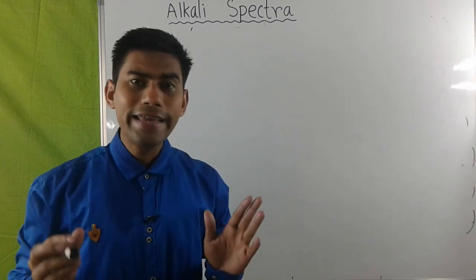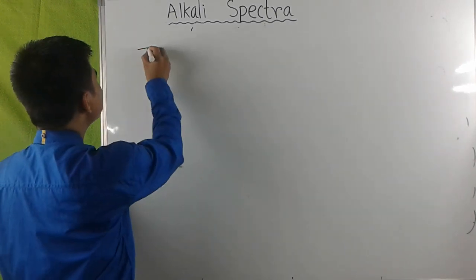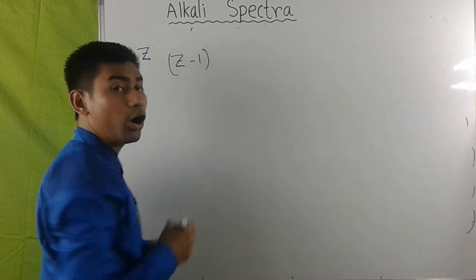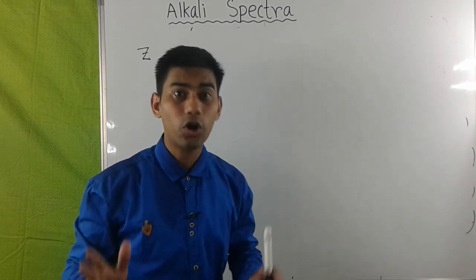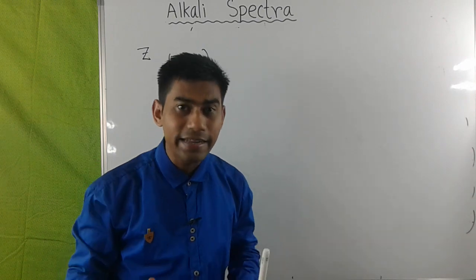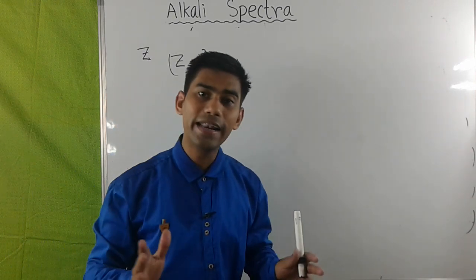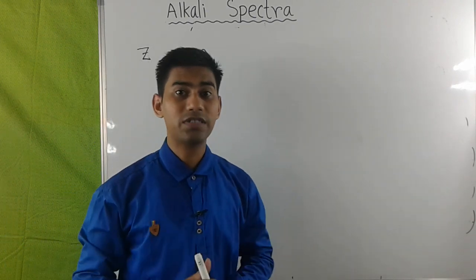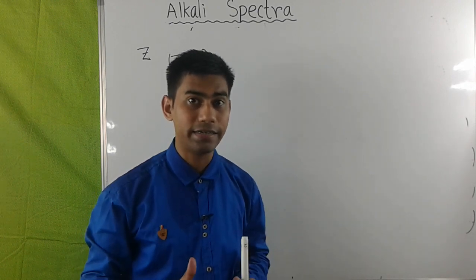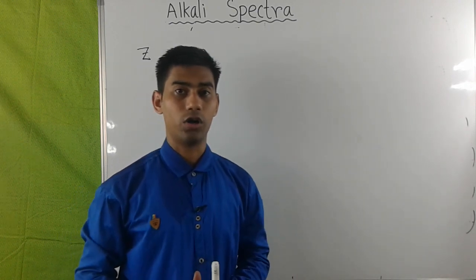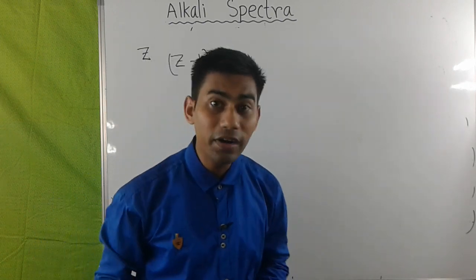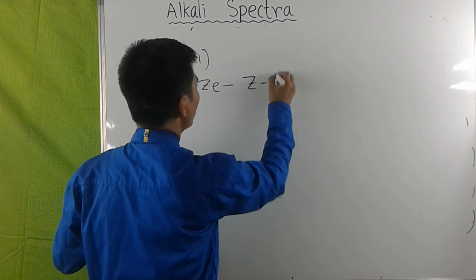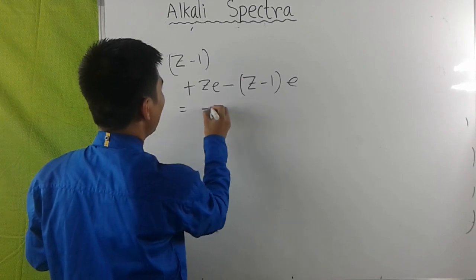Now, in an alkali atom with atomic number Z, the Z minus 1 electrons in the closed shells or subshells partially screen the nuclear charge from the optical electron. If all the electrons in the closed shells or subshells would move in circular orbits, then to the optical electron, the effective charge of the nucleus will be plus Ze minus (Z minus 1)e, that is plus e.